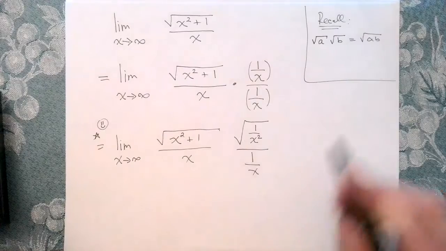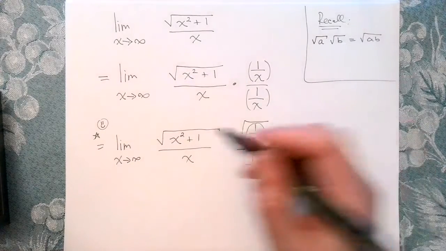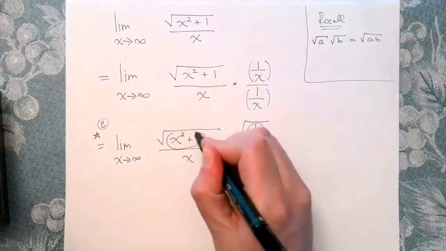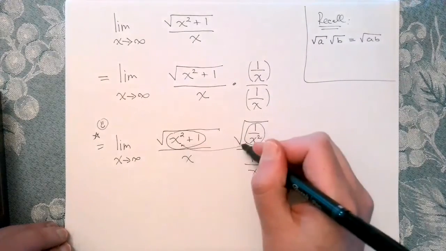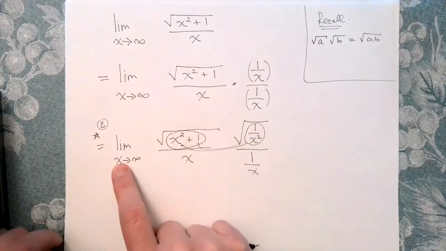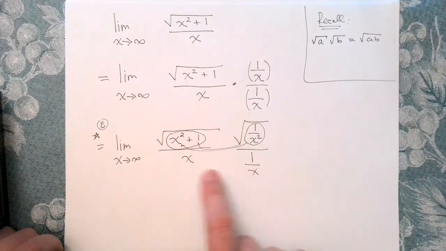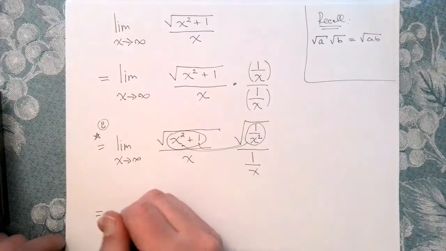Okay, so this is quite nice because using this property right here, I can multiply this by this. So I'm going to distribute. This will distribute here and here essentially, and these will multiply. If x is big, I don't have to worry about either of these being 0, right? And any number times its reciprocal will be 1.